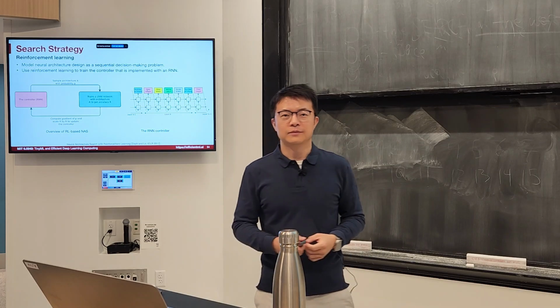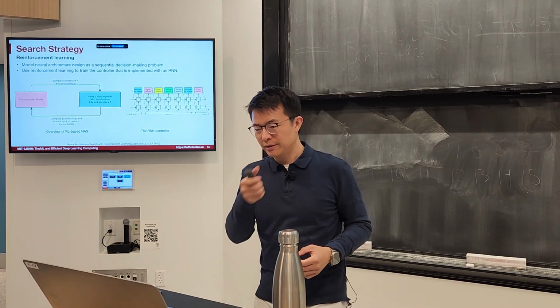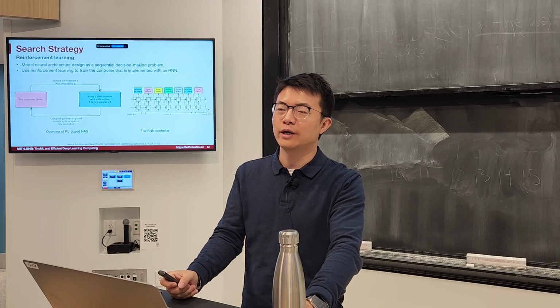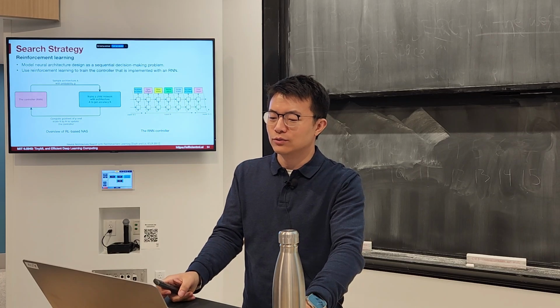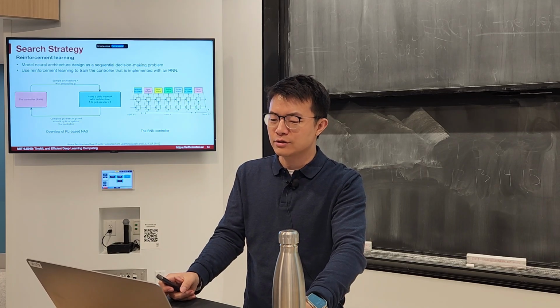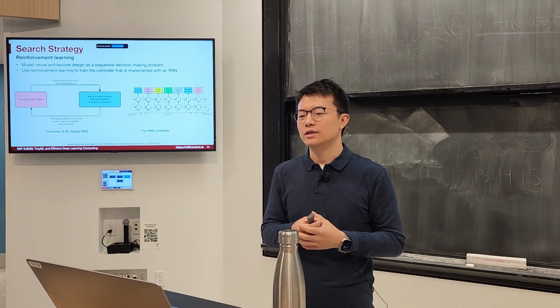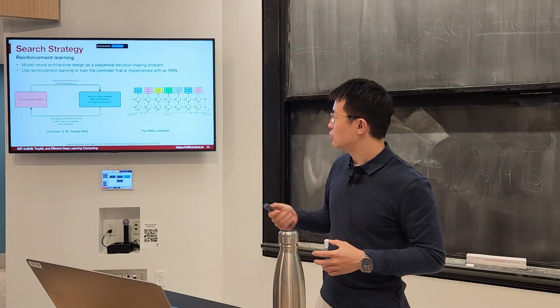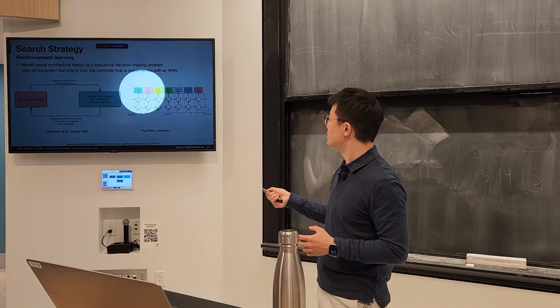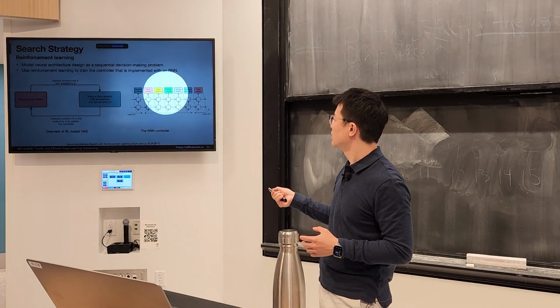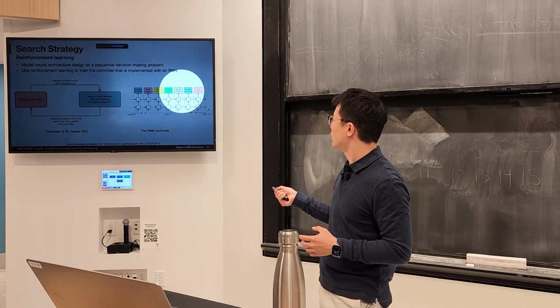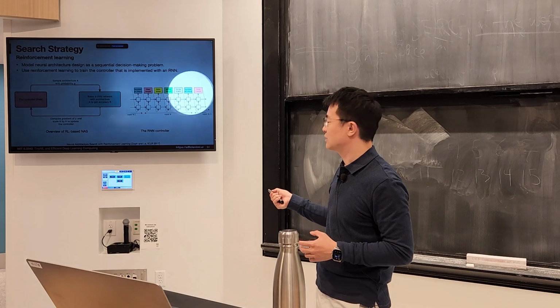Reinforcement learning. That's a very advanced way, a tricky way, and not quite easy to use in practice, but I want to put it here. So you design a sequential decision-making problem. You want to decide the number of filters, the filter height, filter width, stride height and width, and so on. Okay?